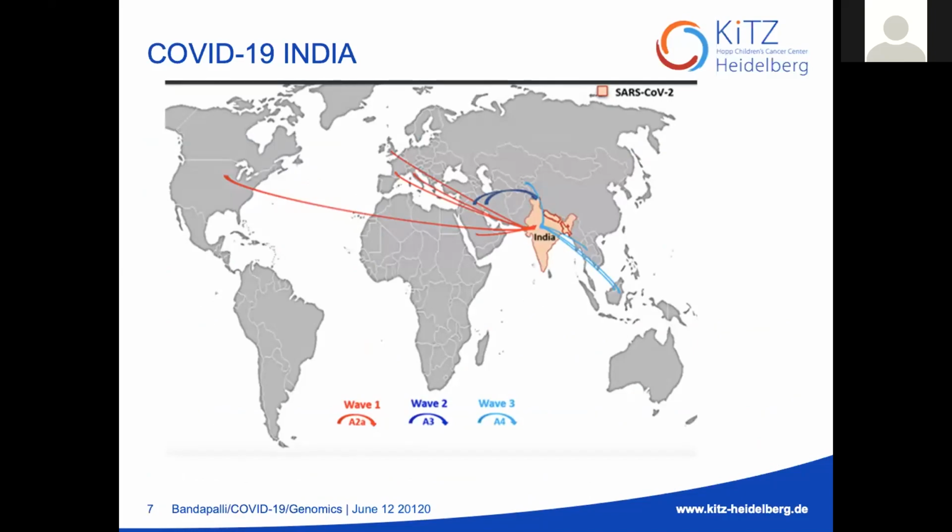They saw 3 waves of transmission, the first one coming from Wuhan, and the others coming from other parts of the world, like Indonesia and Italy. These results are freshly in bioRxiv, and they are still working on it to publish somewhere.